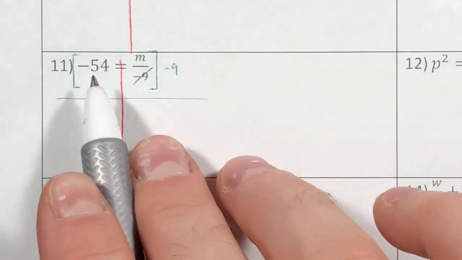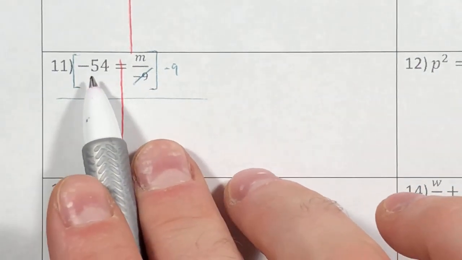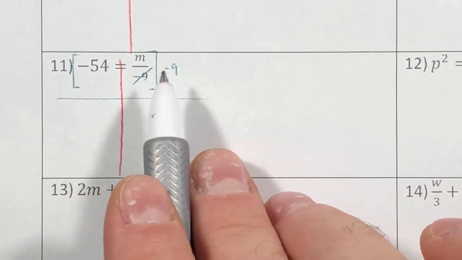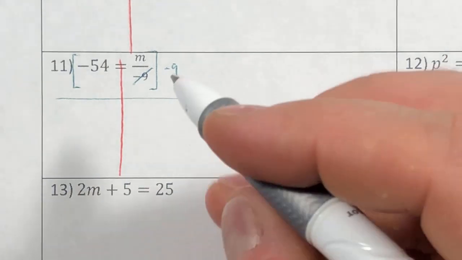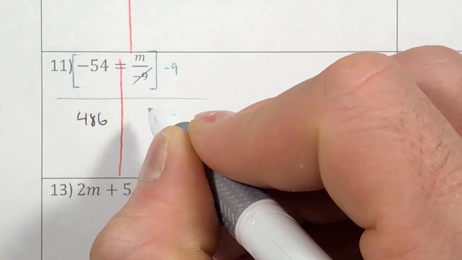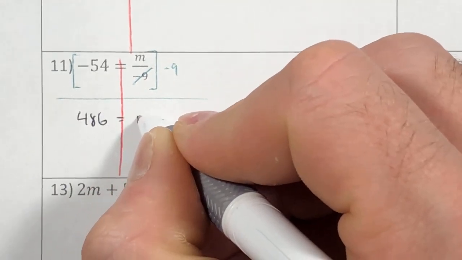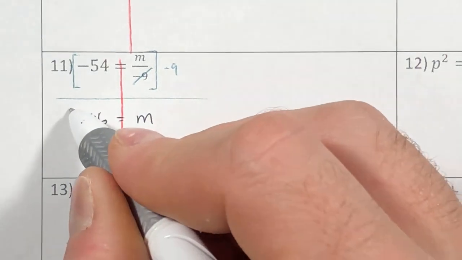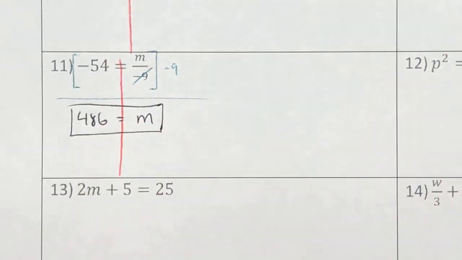And now 54 times -9, let's see, 50 times -9 is going to be 450. 36, so that's 450 plus 36 is 486. And we get a positive value. And now I no longer have a fraction in the equation. Boom, and just so conveniently, I did actually solve it as well. Awesome.